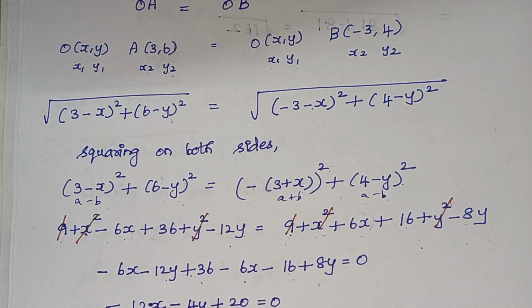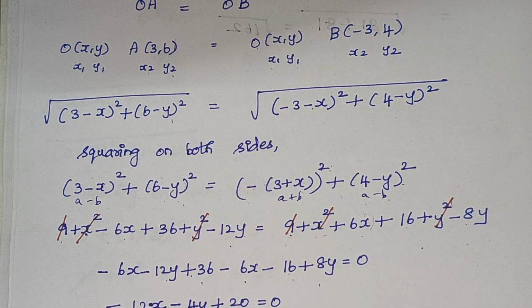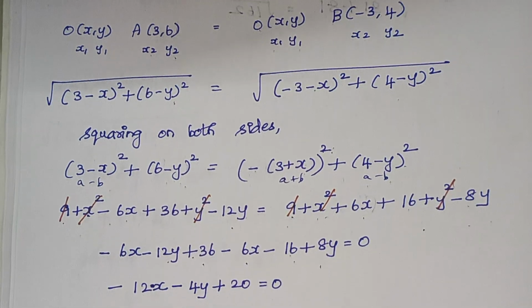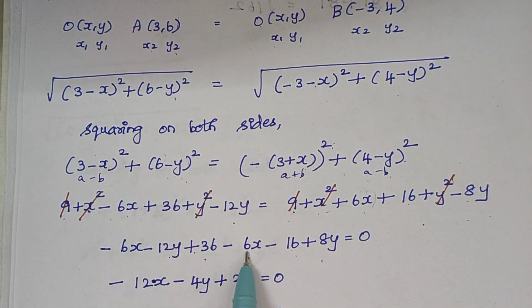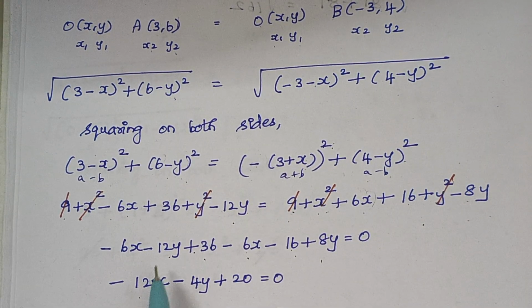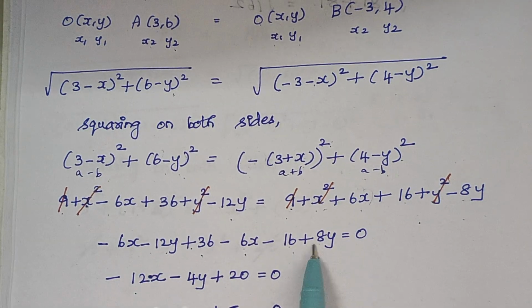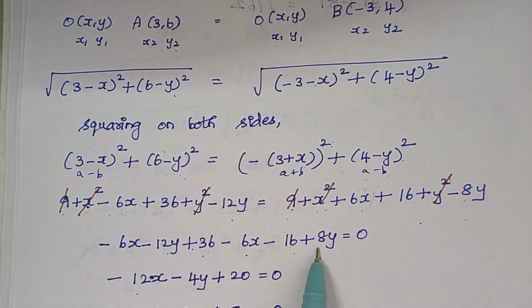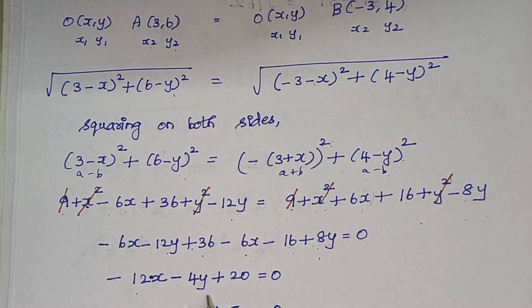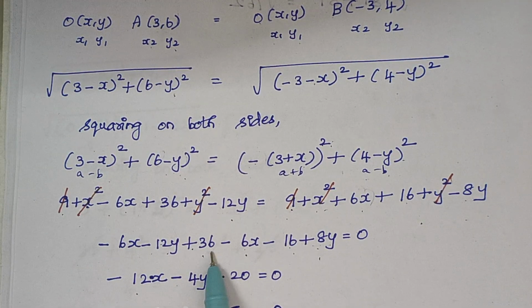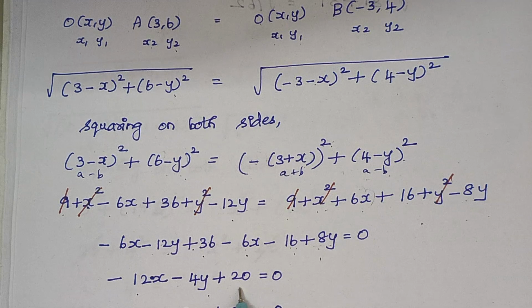Now I am going to combine x terms together, y terms together, and the numbers together. So minus 6x becomes minus 12x, and minus 12y plus 8y. So minus 12 plus 8 becomes minus 4y. Right, and 36 minus 16 gives 20.